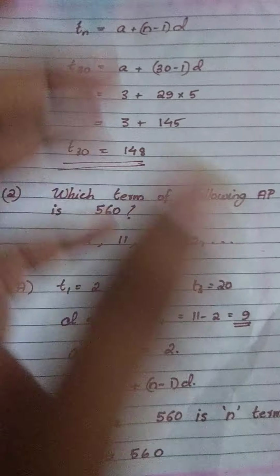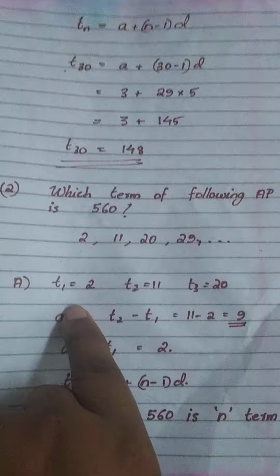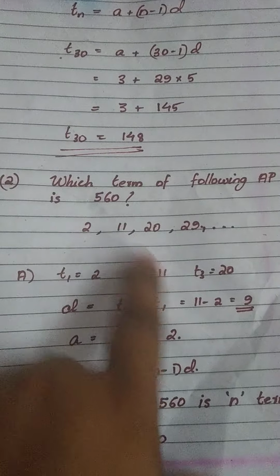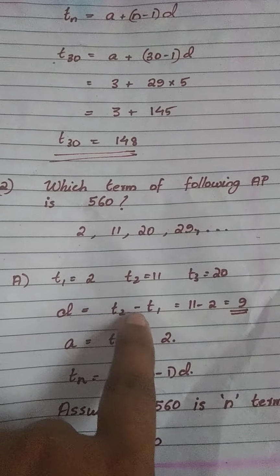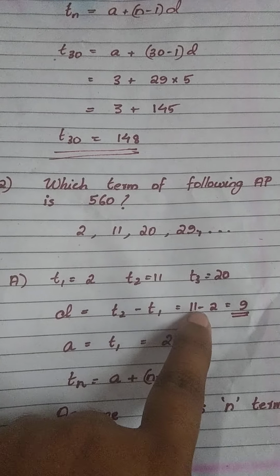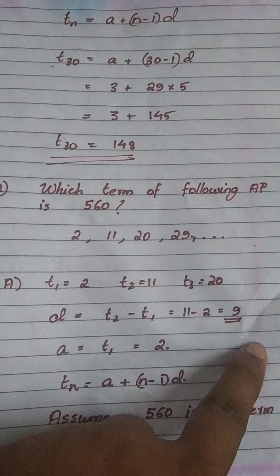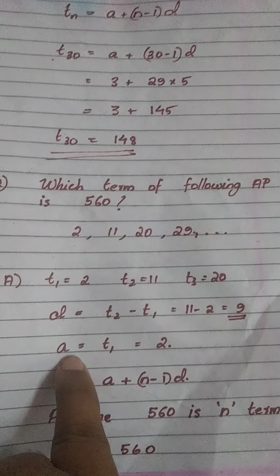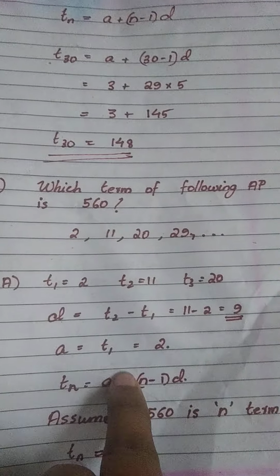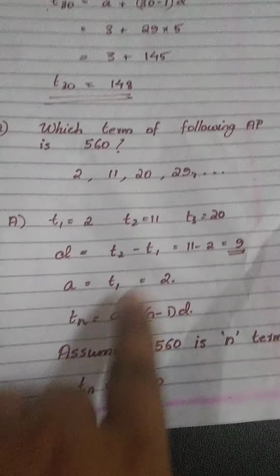So again, we are just going to write down what we know. T1 is 2, T2 is 11, T3 is 20. You find d. d is T2 minus T1, that is 11 minus 2, which is 9. Next you find the first term, that is a. a is the first term, T1, which is 2.